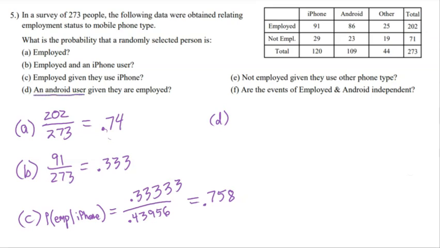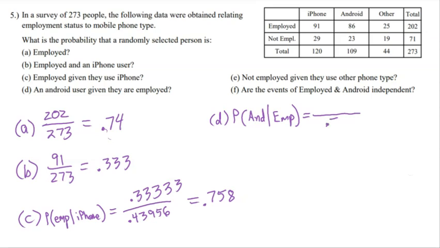Probability that they are an Android user given that they are employed. So probability of Android given that they are employed. We want to put the probability that they're employed in the denominator, and we know that that's 0.74.